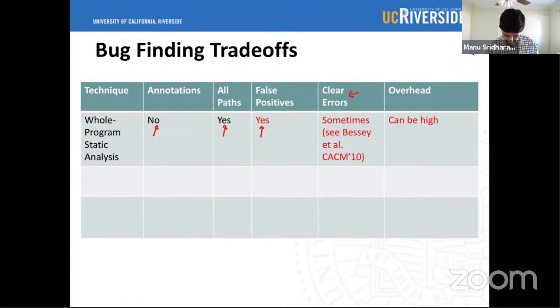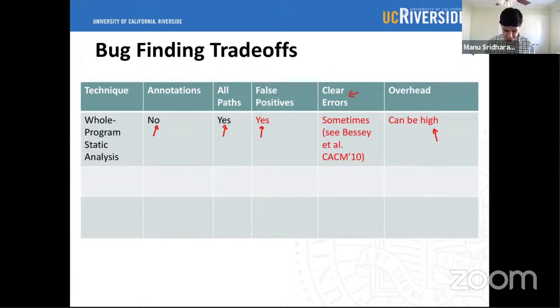And also, overhead of this kind of analysis can be quite high. So there have been various techniques recently to try to do incremental and modular analysis rather than trying to do things at a whole program level. But getting complete new results after a change can still take on the order of minutes to hours for large programs.